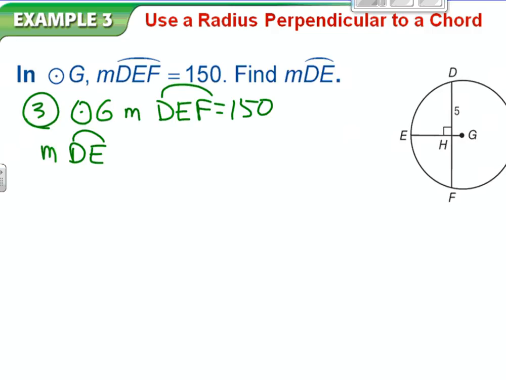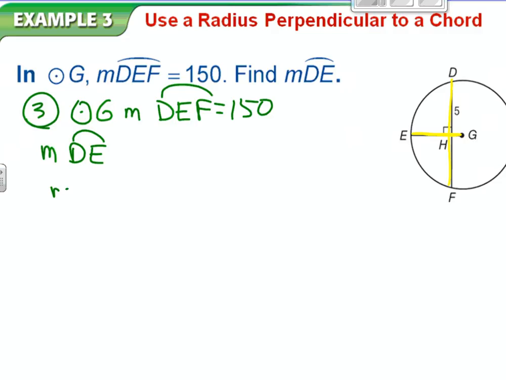Now, for this one, we aren't told a lot of information, but notice on the picture that segment EG, which is a radius, and segment DF, which is a chord, are perpendicular. So if a radius is perpendicular to a chord, then it cuts the chord and the arc into congruent halves. So we're going to write this down.